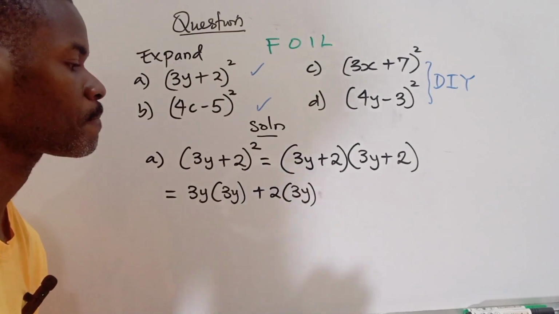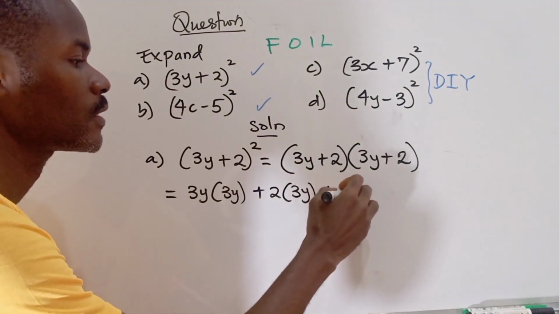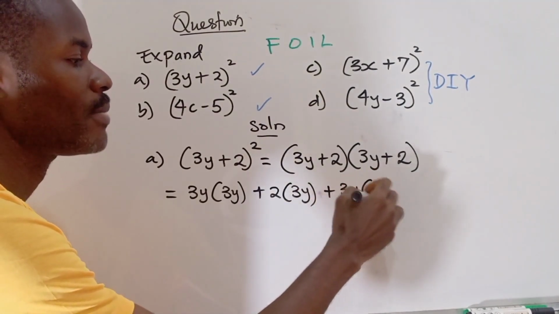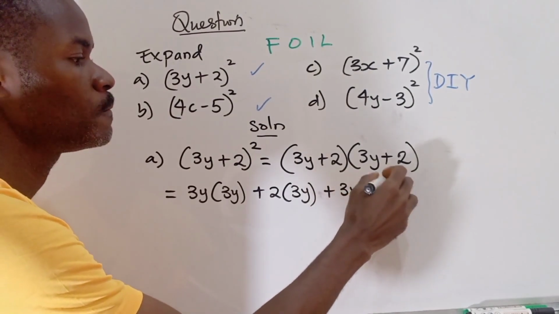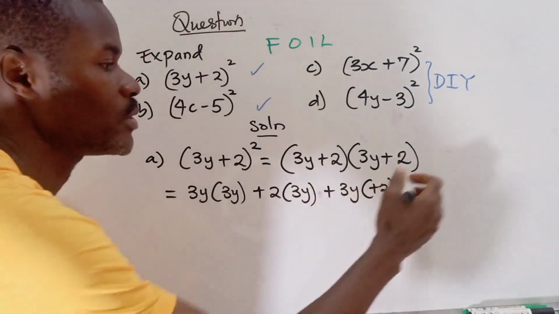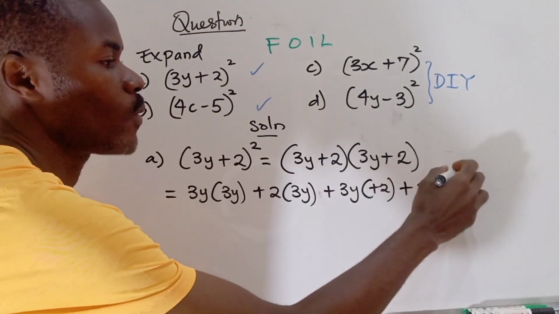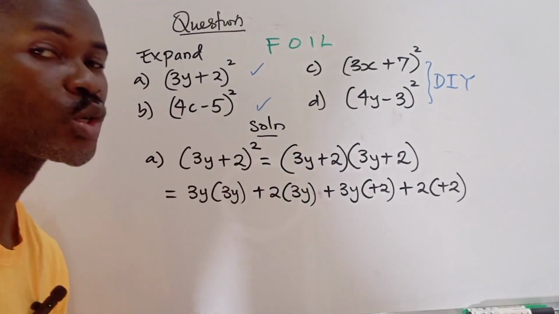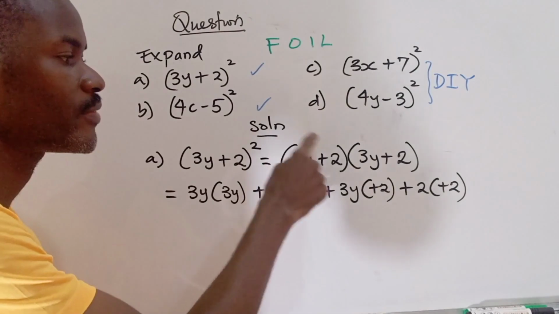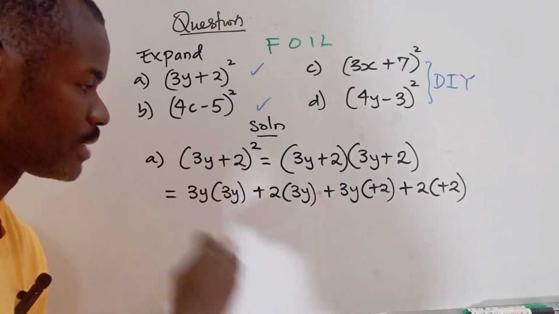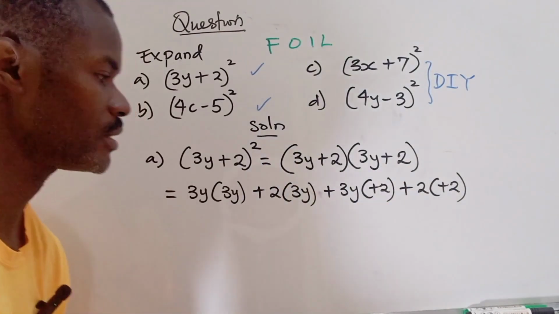Step 3: plus 3y multiplied by plus 2. And the last step is plus 2 multiplied by plus 2. So without putting F, O, I and L, I'll be able to expand all this.